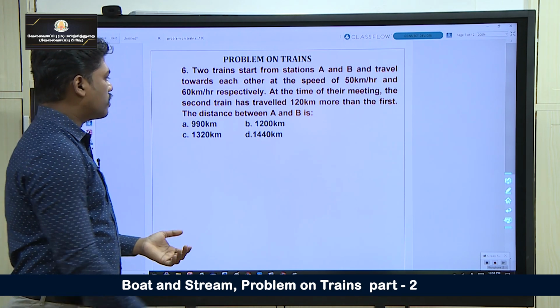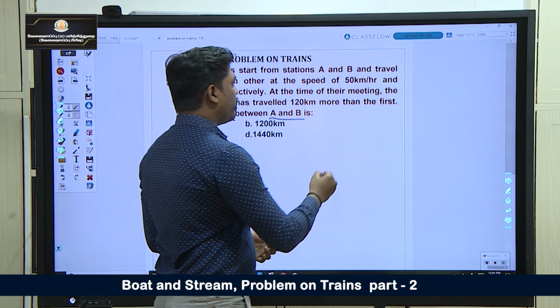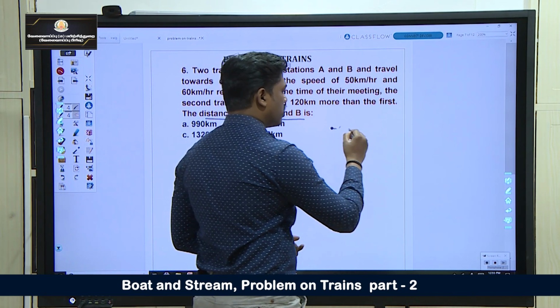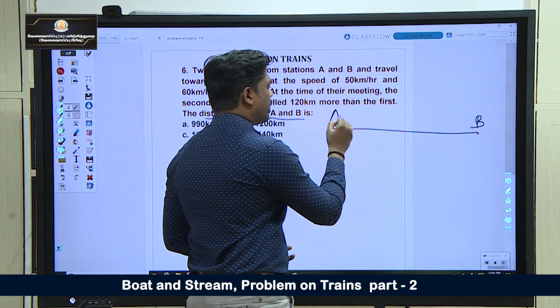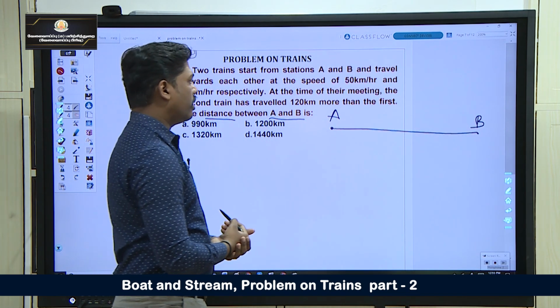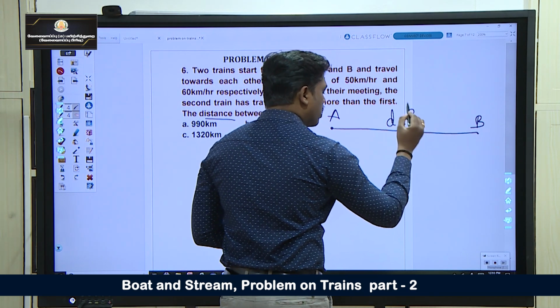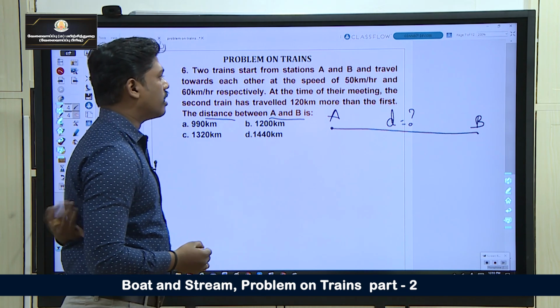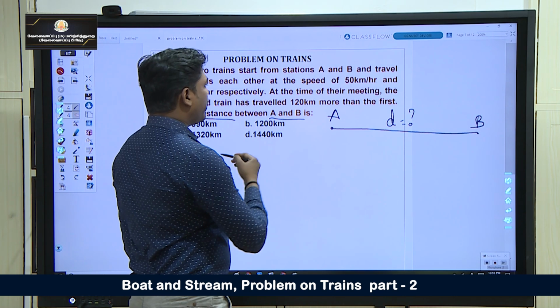We have two stations, station A and station B, and we are asked to find the distance between the two stations.